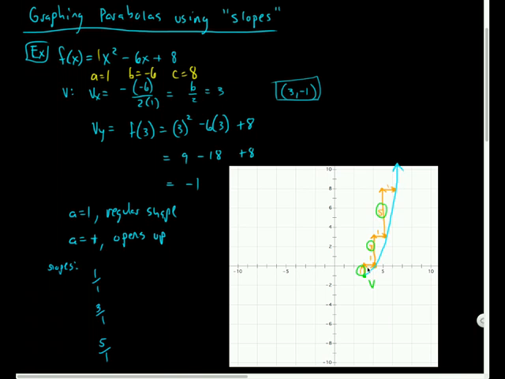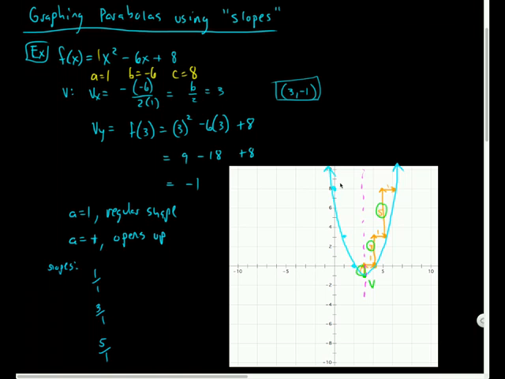And then I can immediately find the points on the other side of the axis of symmetry by mirroring those. I can actually find some points pretty quickly using this technique. So up 1, back 1, then up 3, back 1, and then up 5, back 1, and I land right there. And I can get the rest of my parabola.